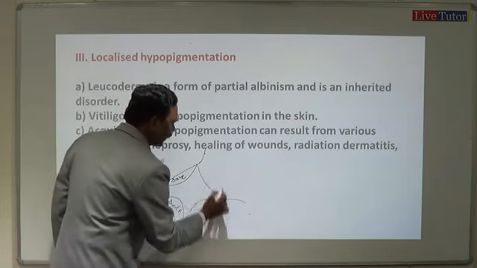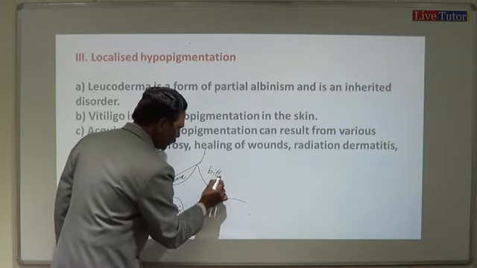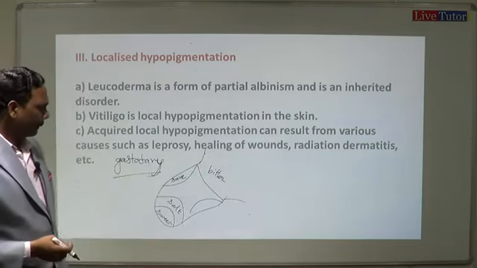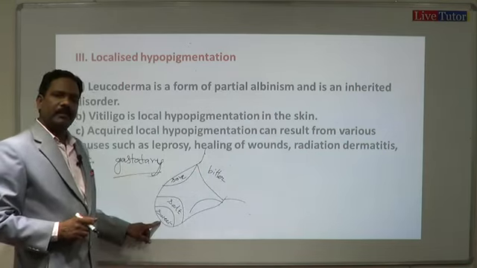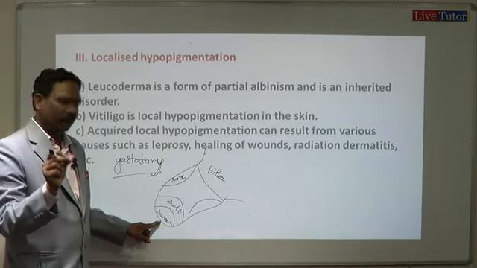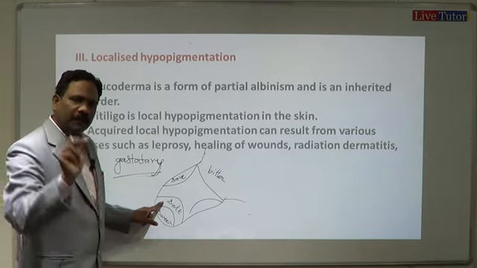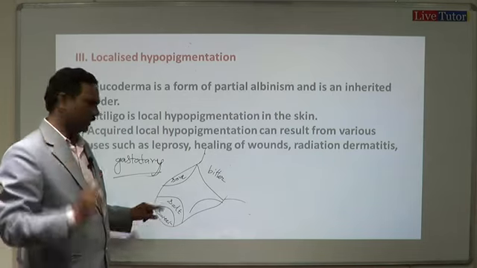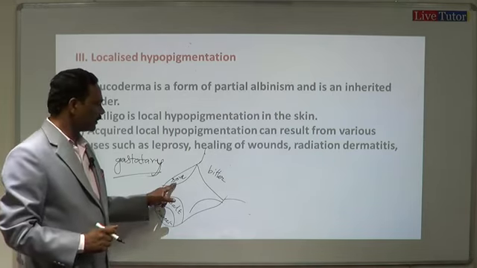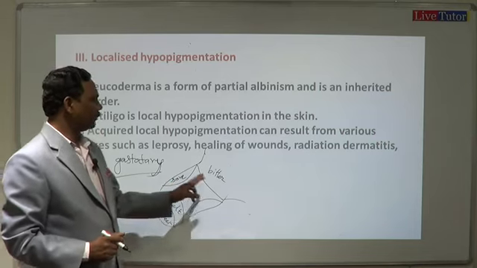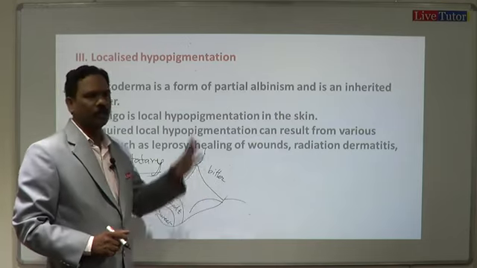Then where is the bitter? At the base, the posterior part of the tongue. So sweet taste is at the tip of the tongue; salt at the tip, but on the dorsum; sour on the lateral side; and bitter only in the posterior part of the tongue.